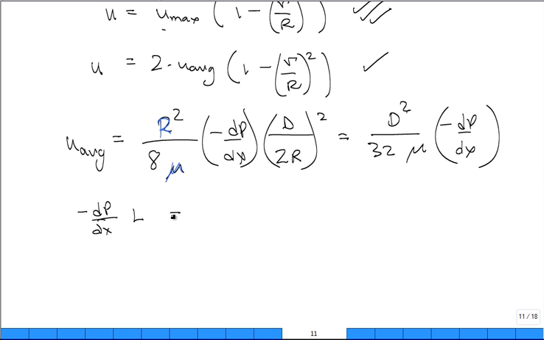Okay, and so now we're going to have 32 times viscosity times length, oops, not diameter squared, it's length divided by diameter squared. Did I do that right? I'm trying to look at it. That makes sense? Okay. All right.